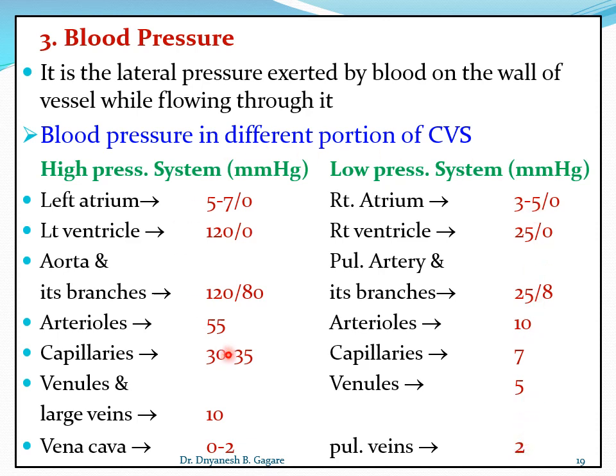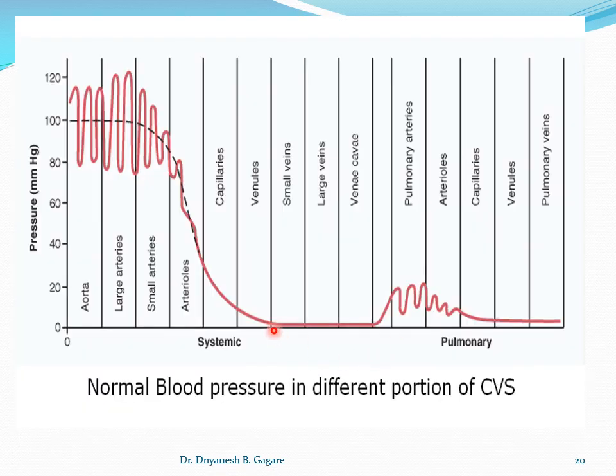So, like this, it shows the blood pressure in the different segments of the CVS. Okay, and the last slide shows the blood pressure curve, or a graph, showing the blood pressure in the different segments. Same as the previous slide, it is in graphical presentation.